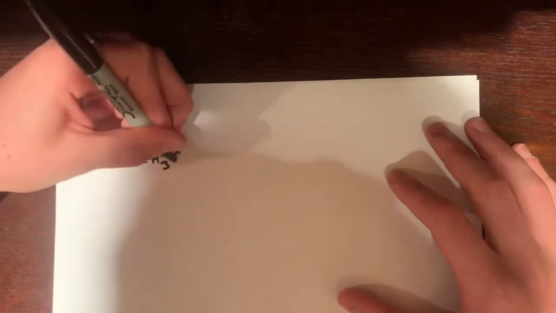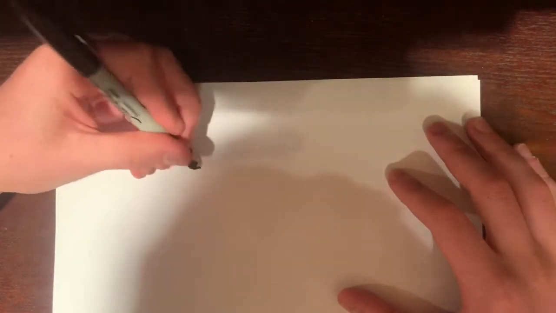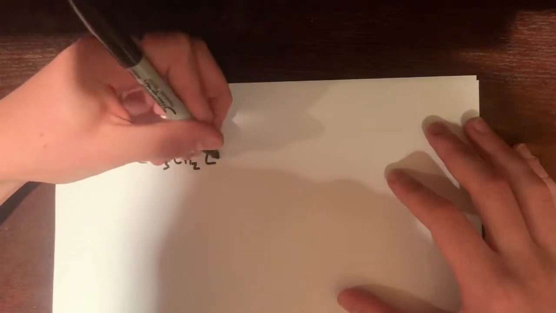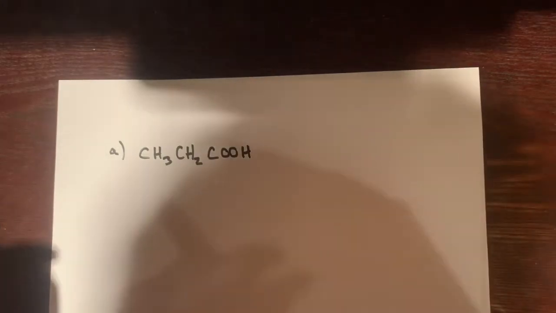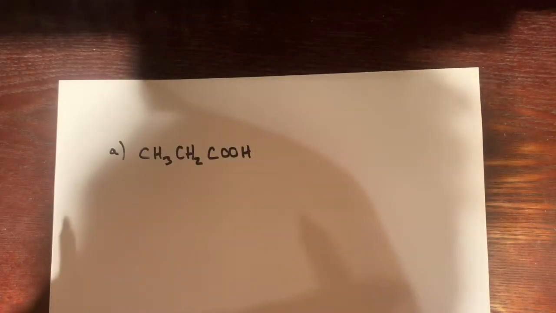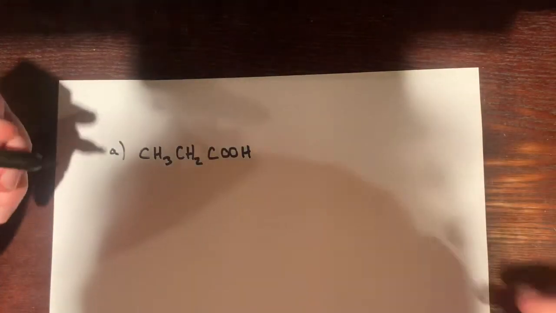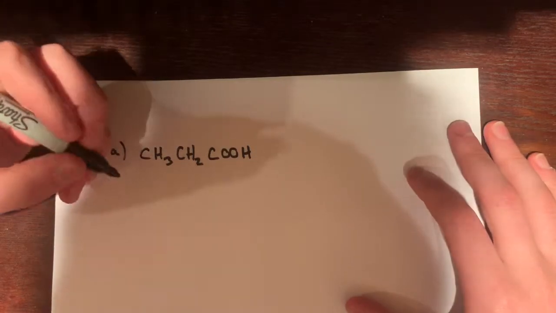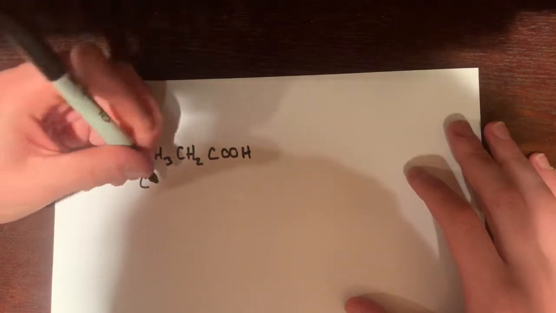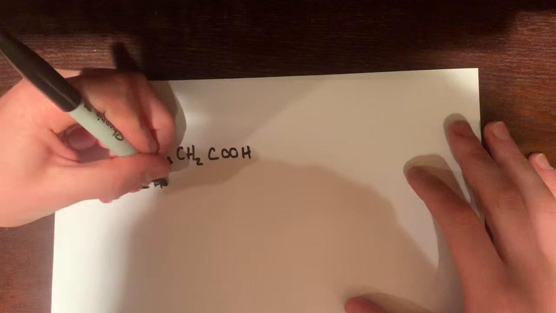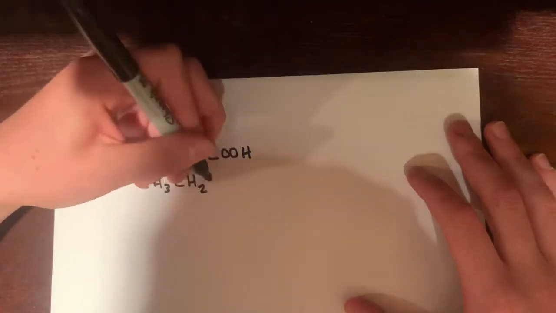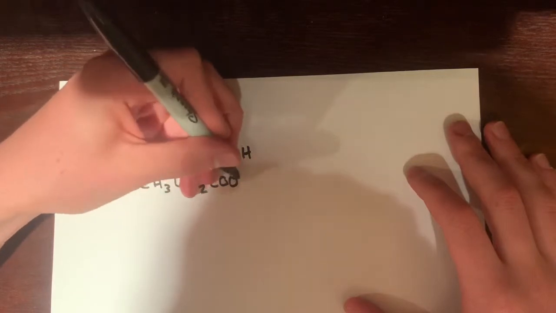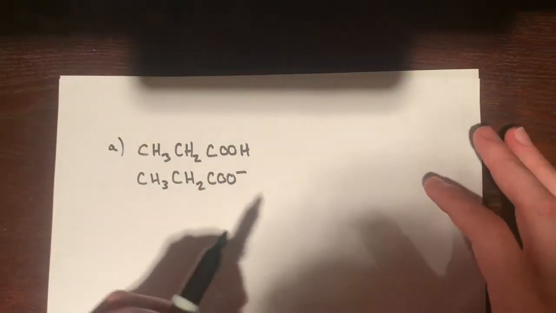CH3CH2COOH. Now that has a proton, and you can also see the other one that matches up with that is CH3CH2COO minus, and that does not have the proton.